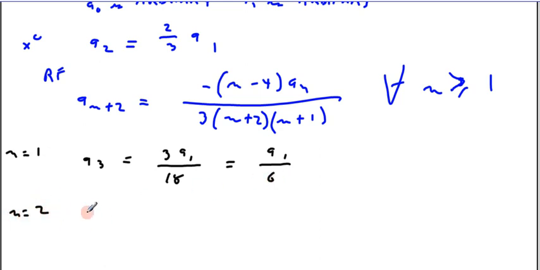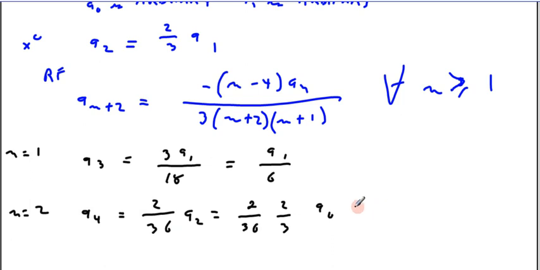When n is 2, 2 minus 4, that's minus 2, so I have a plus 2 on the top, and 8 times 3 is 24... times a2, and a2 is 2 over 3 a0, so that's going to be a0 over 27.